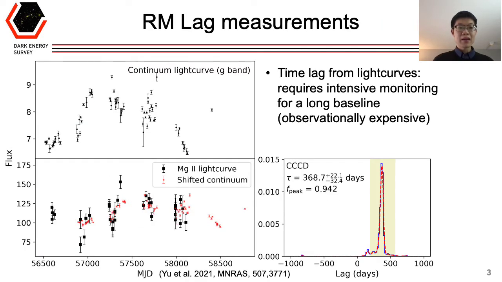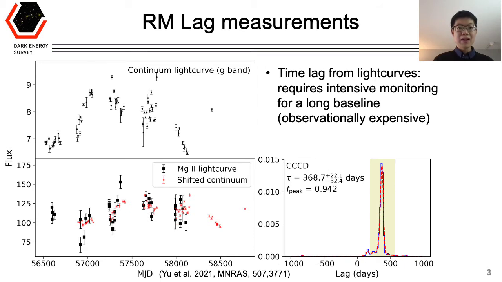This slide shows an example of how we measure the time lag between the continuum and broad lines. First, we need to monitor the targets for years to derive the light curves of the continuum and broad lines, as the example shown in the left figure as the black data points. We then derive the probability distribution of the time lag from the light curves, as shown in the right figure.